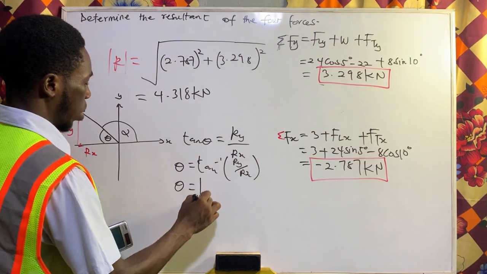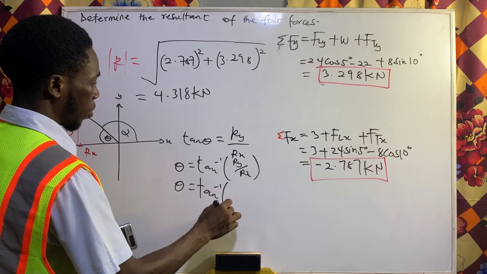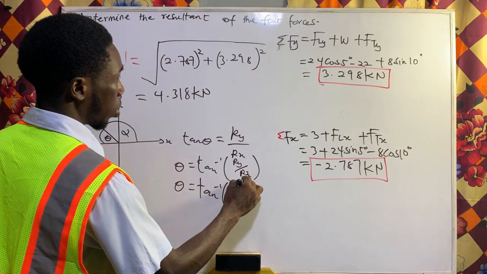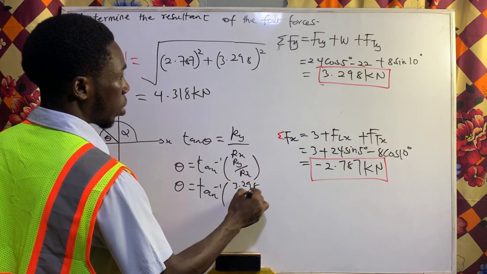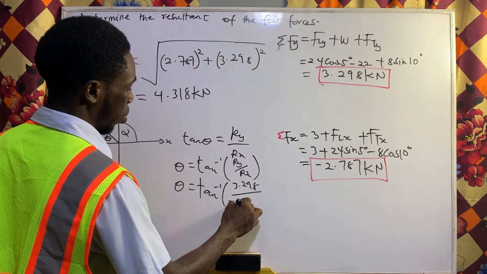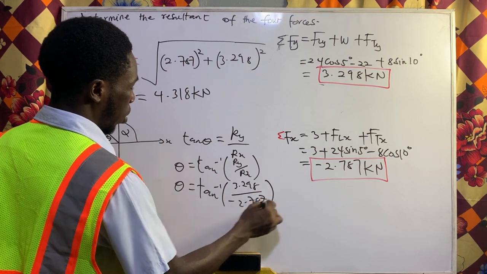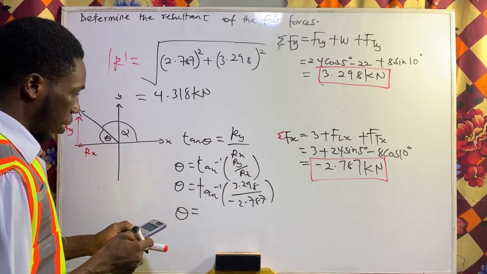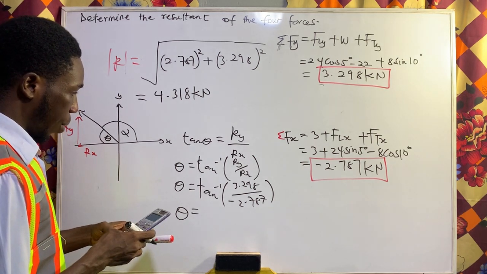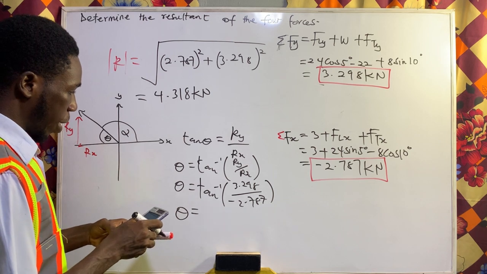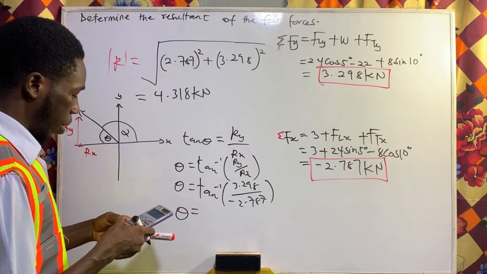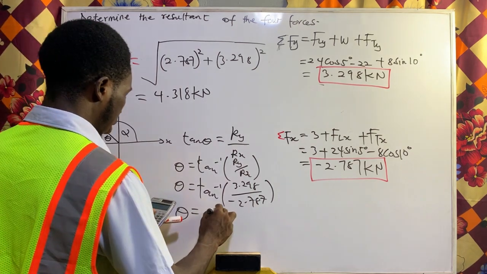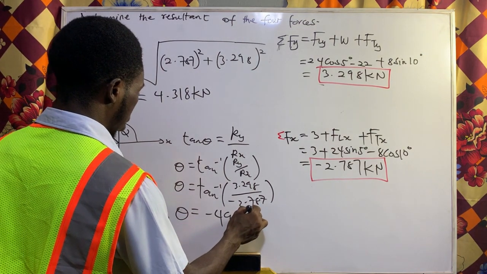Theta will be equal to the tan inverse of Ry, which is 3.298, over Rx, which is minus 2.787. So let's see what I'm going to get for theta. So we have tan inverse of 3.298 divided by minus 2.787. So that gives us a value of minus 49.8 degrees.